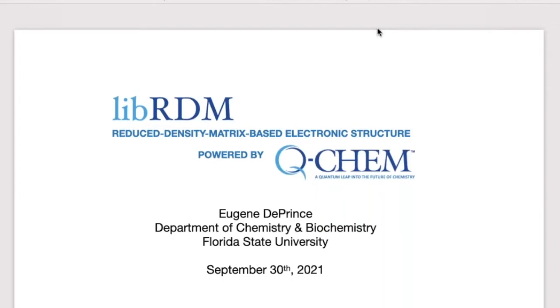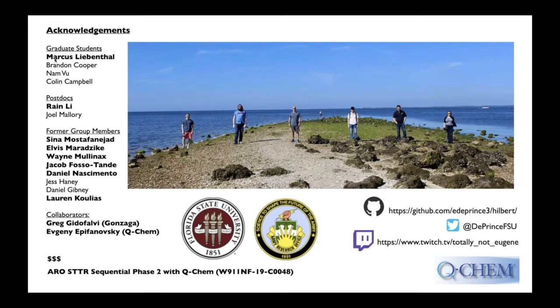In case I don't have time to acknowledge the people who did this work, this is a very old picture, but it's the most recent picture of my group where we were in person. I think it was from last May. Graduate students on this project, Marcus Liebenthal, Rainley is a current postdoc, and then a whole slew of former group members have contributed to this project. In terms of collaborators, of course, Evgeny Epifanovsky from Q-Chem has really helped us tremendously.